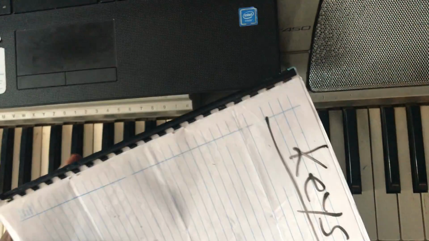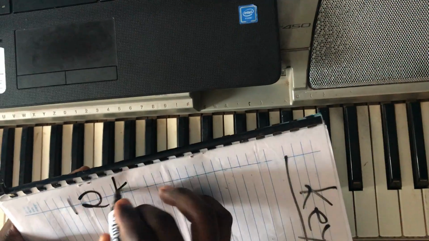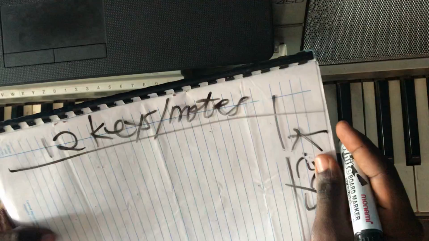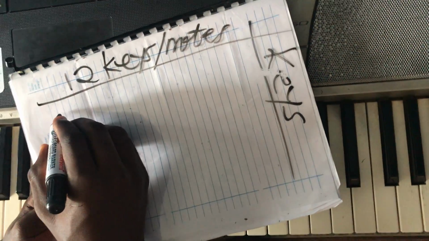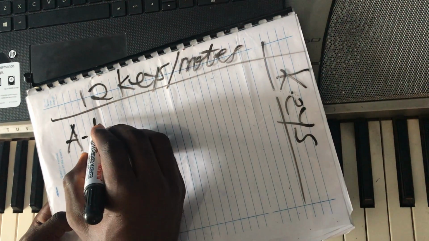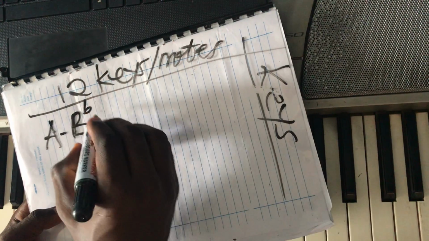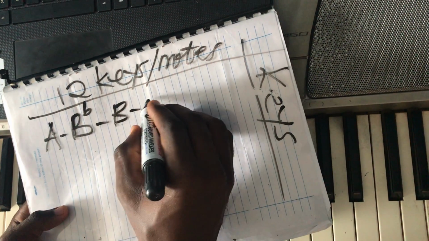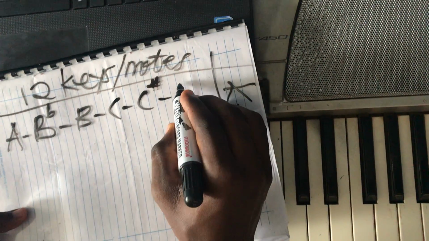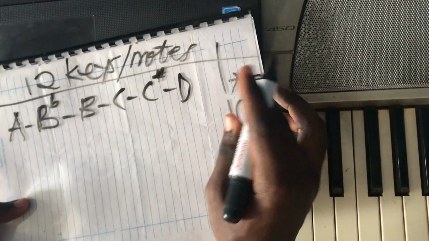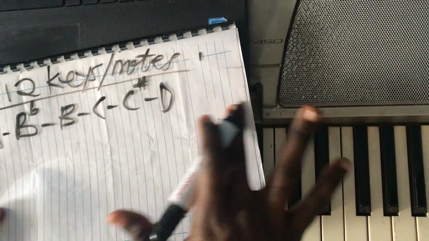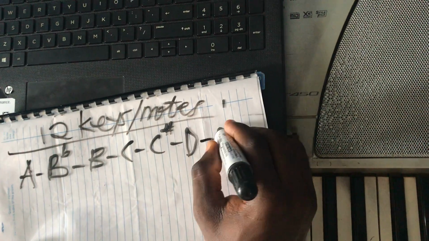So the 12 keys, or the 12 notes in music. We are starting from A. So we have A, and we have B flat. From A you go to B flat before you go to B itself, before you go to C, before you go to C sharp, before you go to D, and from D you go to E flat.